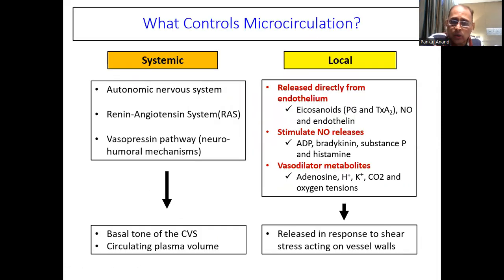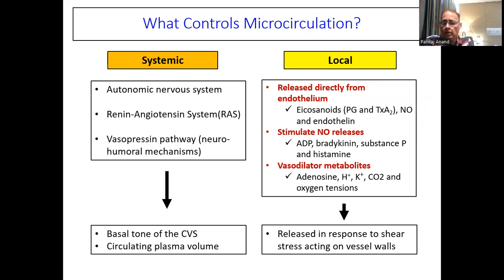Now, what is it that controls the microcirculation? The control of microcirculation occurs at both levels, the systemic as well as local. Systemically, the microcirculation is controlled by the autonomic nervous system, by the renin-angiotensin system, and the vasopressin pathway, which is a neurohormonal mechanism, which basically determines the basal tone of the entire cardiovascular system, as well as also controls how much volume of the plasma is circulating in the circulation.